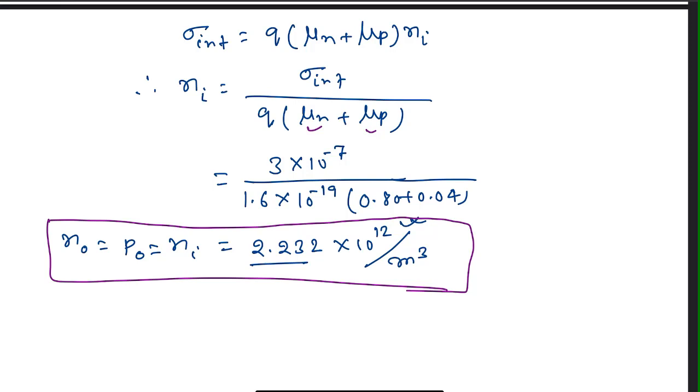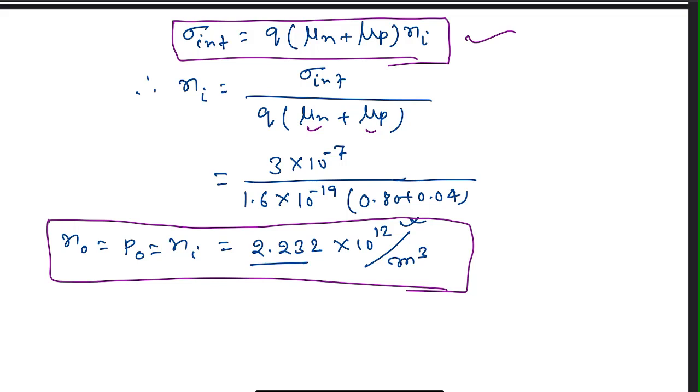That is very important in the conventional exam, so we must take care of the units given and the form in which we need to represent them. In this way we got both parts of this question: the derivation sigma intrinsic is equal to Q into mu n plus mu p into Ni, and by using this formula the intrinsic carrier concentration for gallium arsenide is 2.232 into 10 raised to 12 per meter cube. This is the end of the explanation for this question.